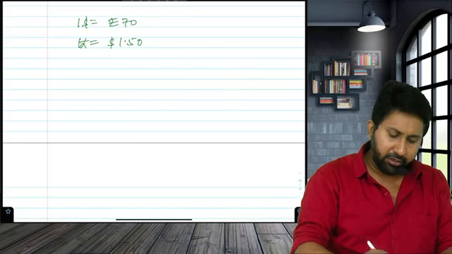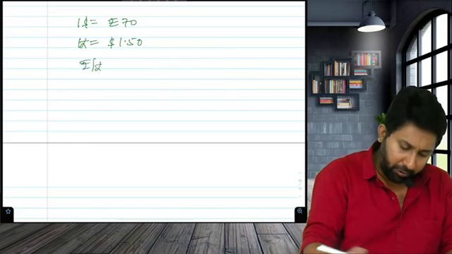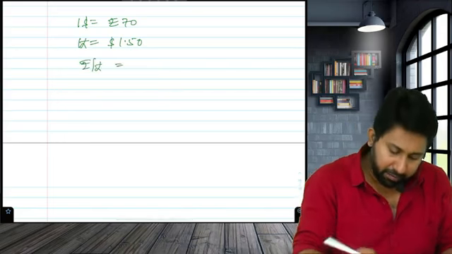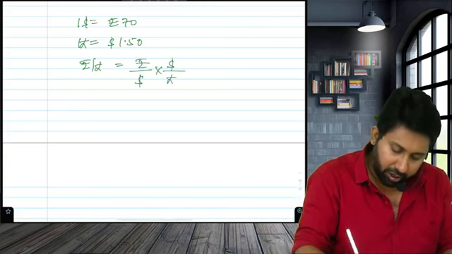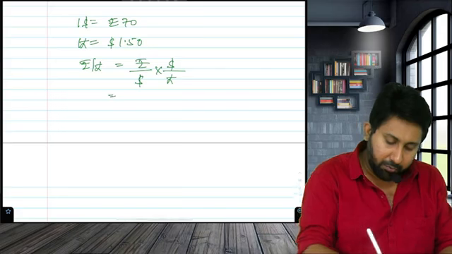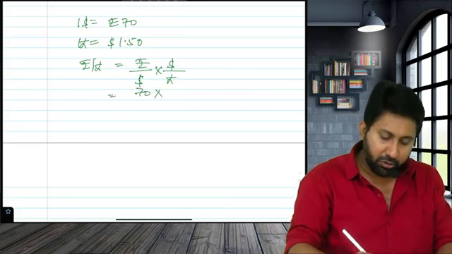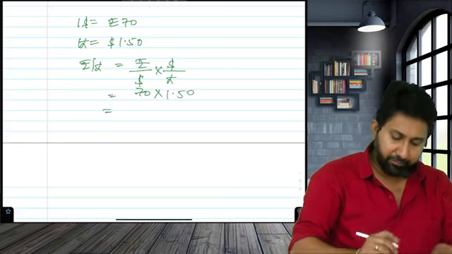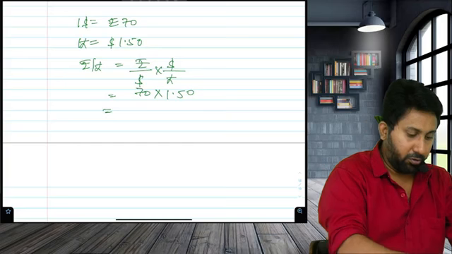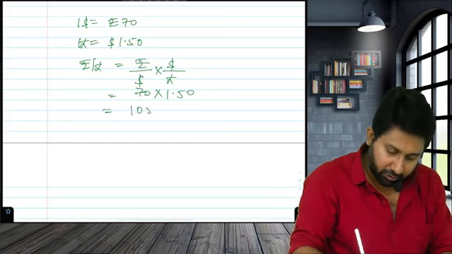Now I want rupee by pound. Rupee by pound equals rupee by dollar into dollar by pound. Rupee by dollar is 70, into dollar by pound, the number of dollars per pound, 1.50. So 70 into 1.5 equals 105.